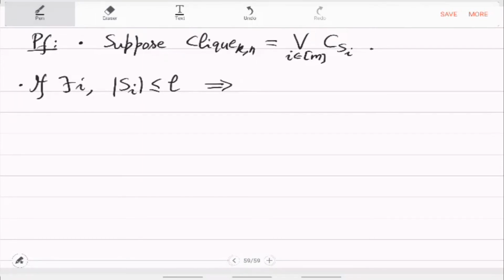So if there is an I such that set SI is smaller than L, then your case 1 will give you a problem in the no instance.